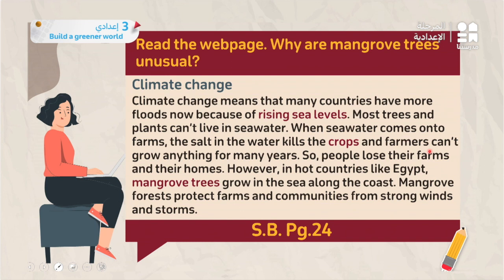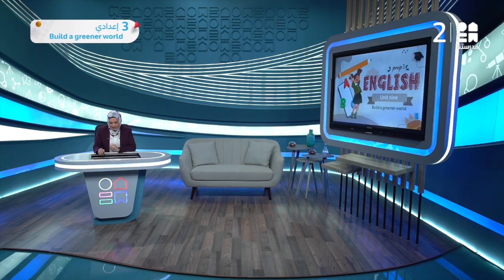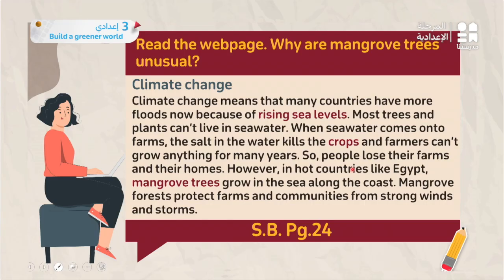However, in hot countries like Egypt, mangrove trees grow in the sea along the coast. This kind of tree grows on the coast. Mangrove forests protect farms and communities from strong winds and storms.